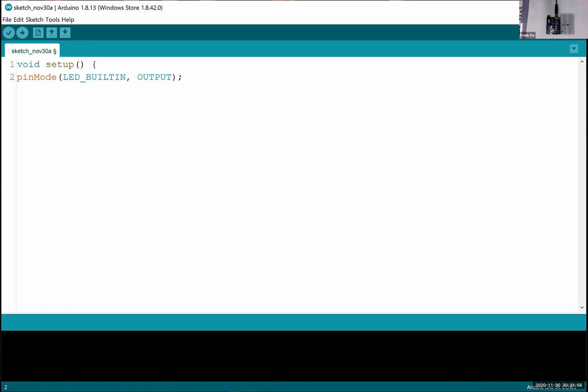So do we have void setup, open and close parentheses, and open a brace? Then the second line would be pin mode, open parentheses, capital LED underscore built-in, comma, space, output, close parentheses, and we have a semicolon there.